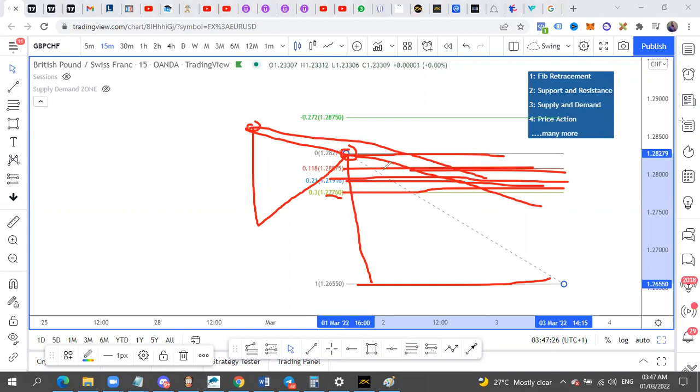It's not like a textbook strategy where you say, oh, because I was told to trade 61.8. There are so many times you will trade 61.8, and it will do a short retracement, a short drop, and still go back up.